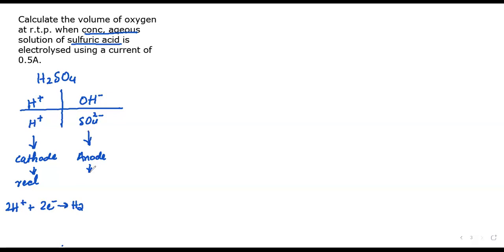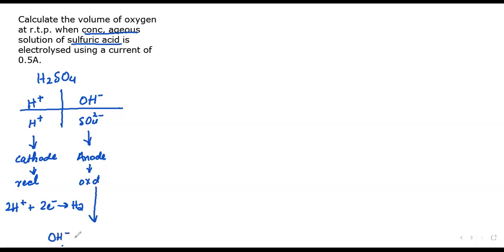I will tell you about that in a bit. So between hydroxide and sulfate, if you look at electrode potential, or even if you look at the reactivity series, it is much easier for the hydroxide ion to go to the anode compared to the sulfate ion. So the hydroxide ion will go to the anode.